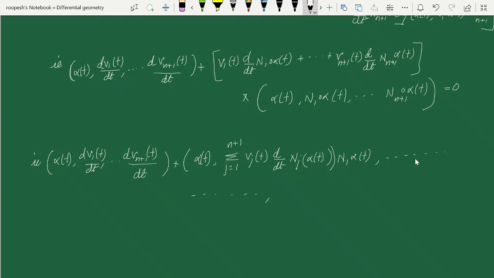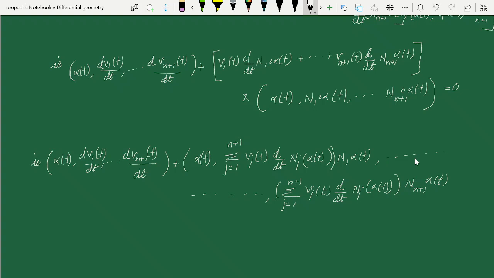The last term should be sigma j equal to 1 to n plus 1 of vj of t times d/dt of nj of alpha of t, times n_(n+1) of alpha of t.